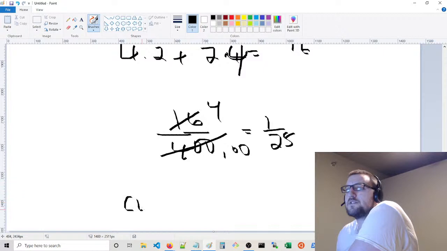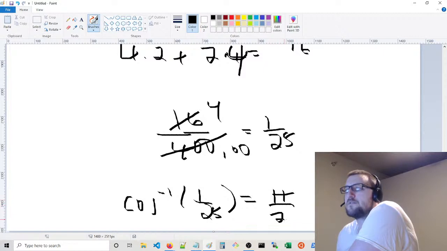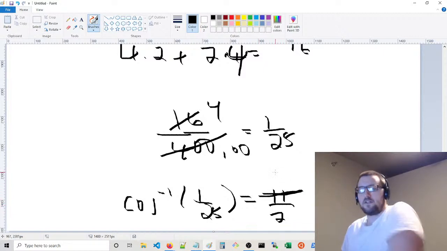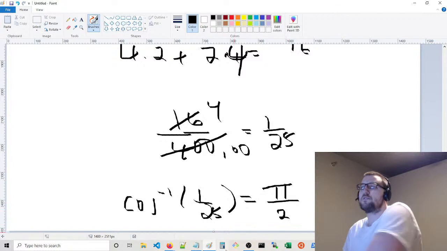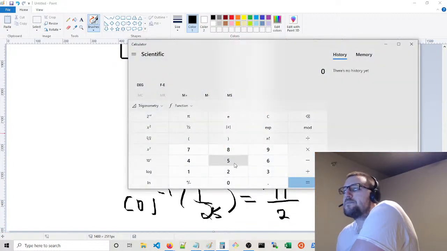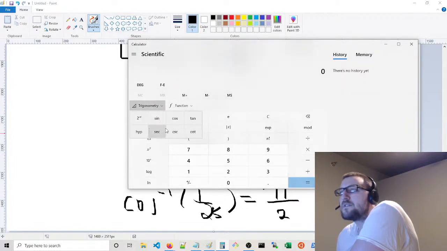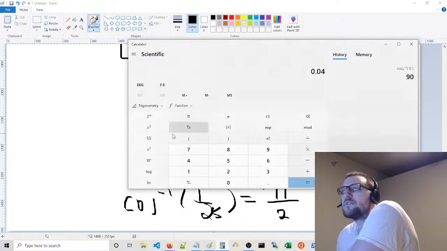Take the arc cosine of 1 over 25, and I think that's pi over 2. I think so. Cosine of 0.04. Oh.